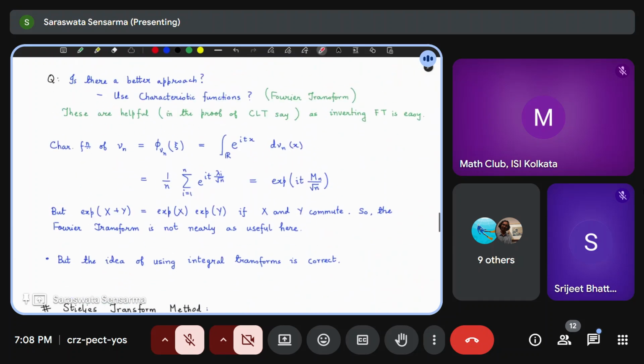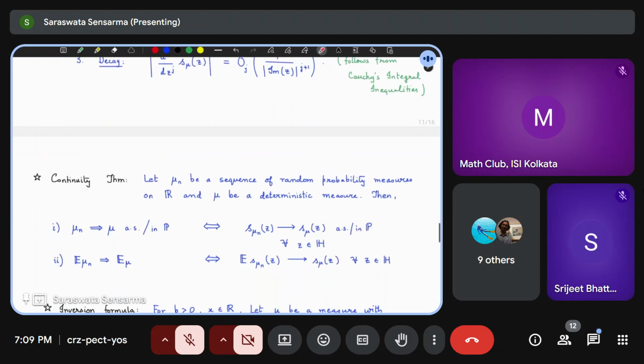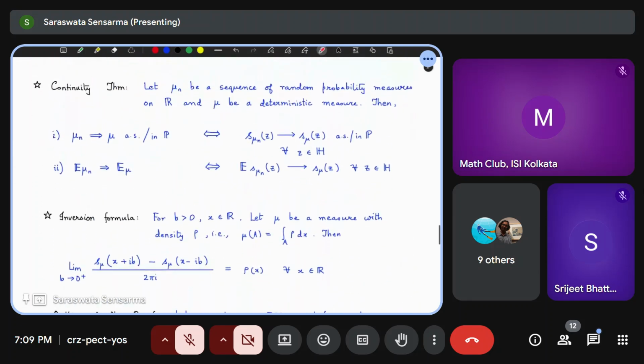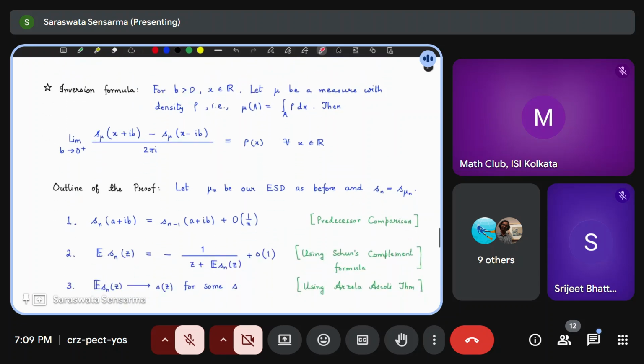The reason we ditch the Fourier transform or the characteristic function is because this function is quite badly behaved. It's like x plus y, those commutation things are not there anymore. However, as it turns out, this Stieltjes transform is very, very well adapted to our proof of the semicircle law. I'll just give a quick outline of the proof. I won't go into the proof at all.